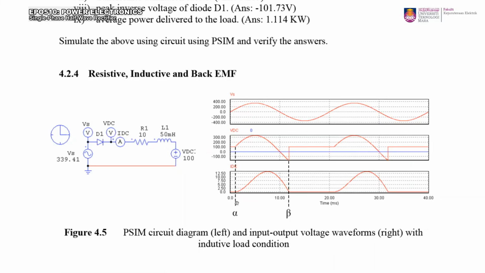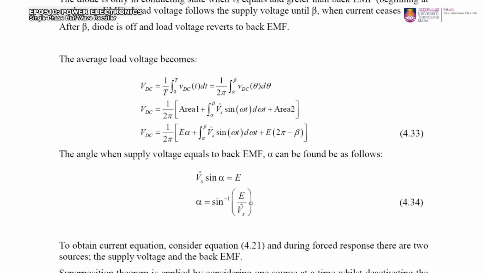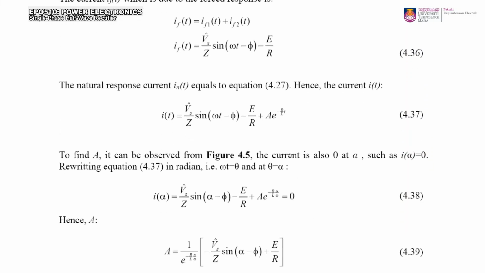The first one will be at alpha, and the second one will be at beta. So you can find the value of alpha using this equation, and therefore you can find the coefficient A by using that information, and therefore you have the complete current equation.